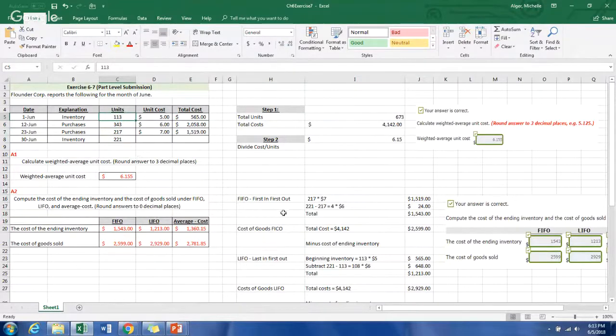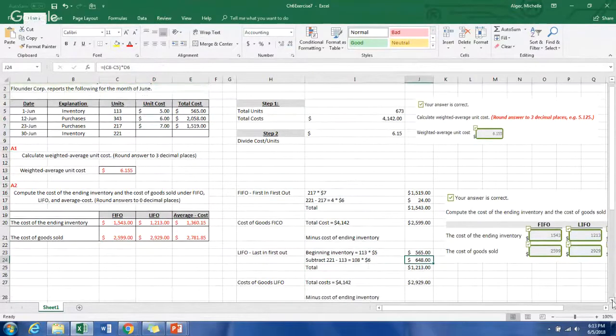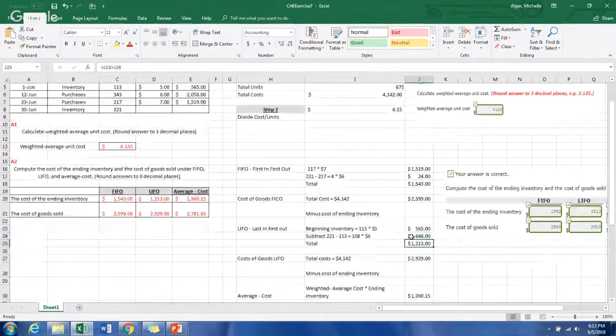So if you take those, it equals 108, and you're actually going to take it at your June 12th cost of $6. So you're going to do 108 times $6, which is $648. And then you're going to add your totals together, your 565 and 648, and you're going to come up with 1213. So that is going to be the cost of your ending inventory right here.